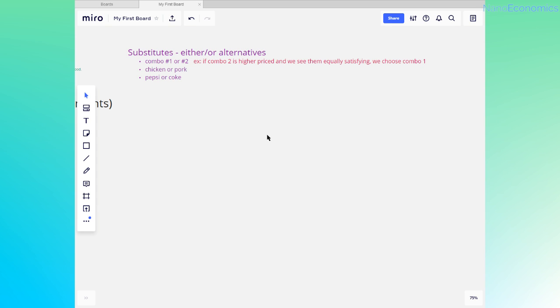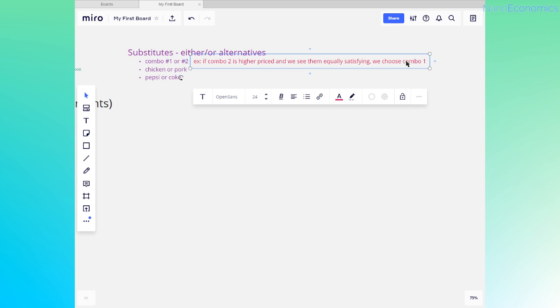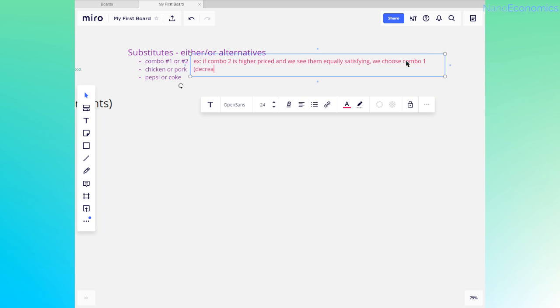So this is basically the price of that related good affecting the demand for another good. So if we choose pork, we decrease demand for chicken.